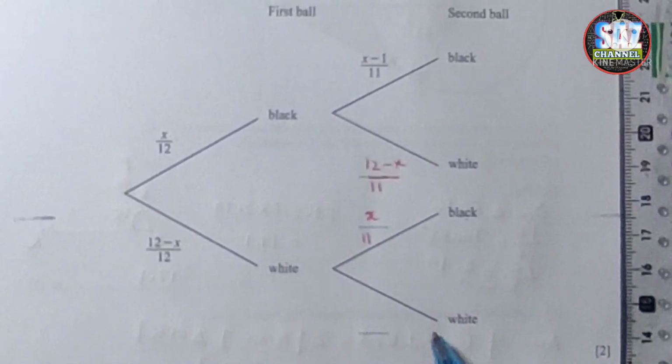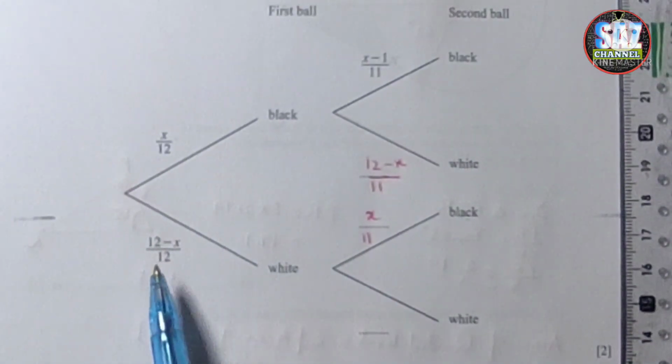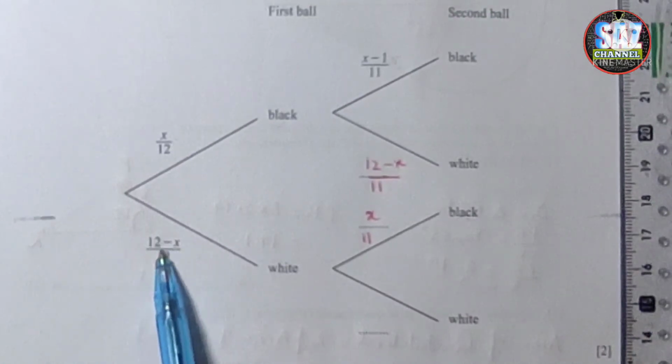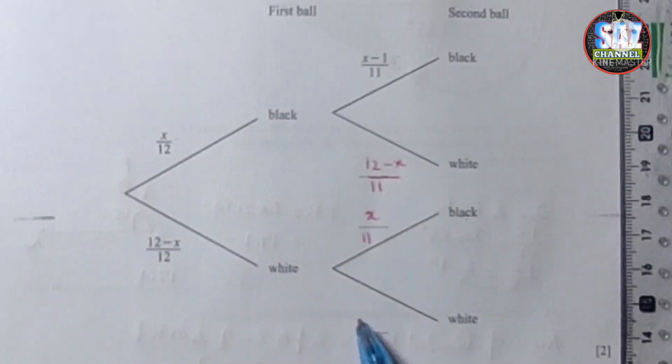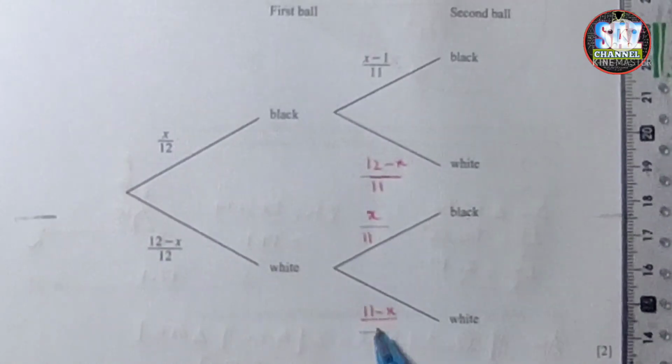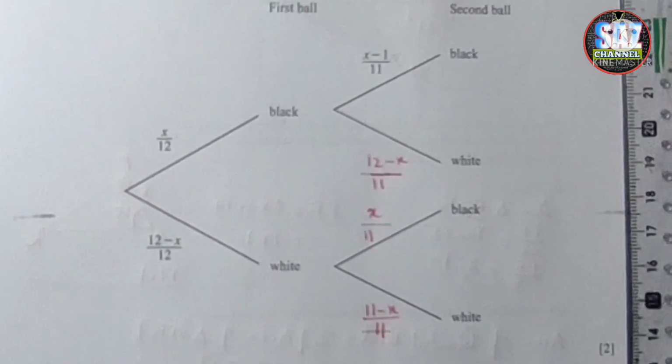And coming to the white, now this is the time where we have to select another white ball, and when there are total 12 minus X white balls, I'm picking up one white ball, I will be left with 11 minus X over 11. I hope students you are really clear how we are completing the incomplete branches of the tree diagram, and moving to the second part.